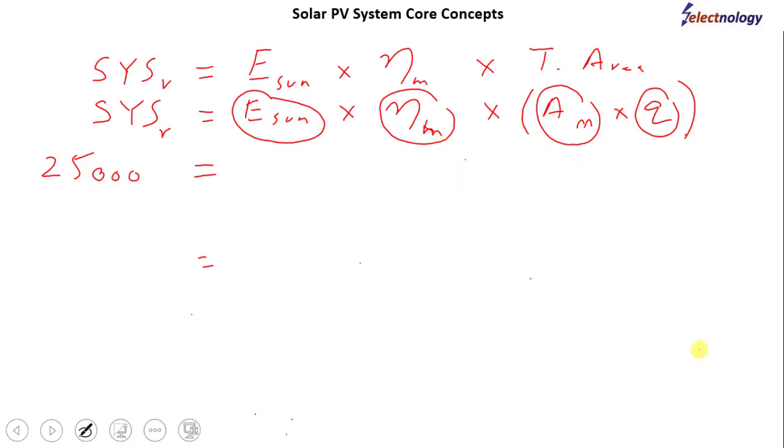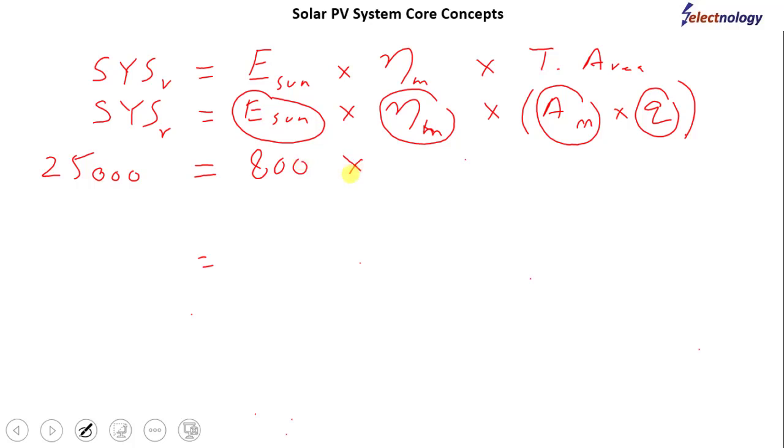Now for a location, it has been found that an average value of sun energy, 800, can be taken. This is the average sun energy being received at a particular location. It could be 1000 as we discussed, it could go up to 1200 watt per meter square, but for an average calculation we can take 800 watt per meter square.